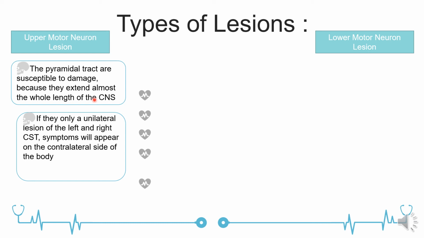If there is only a unilateral lesion of the left or right corticospinal tract, symptoms will appear on the contralateral side of the body. In addition, a lesion of the cortex or within the internal capsule may present with both corticospinal and corticobulbar findings. That is contralateral muscle weakness in addition to cranial nerve abnormalities.